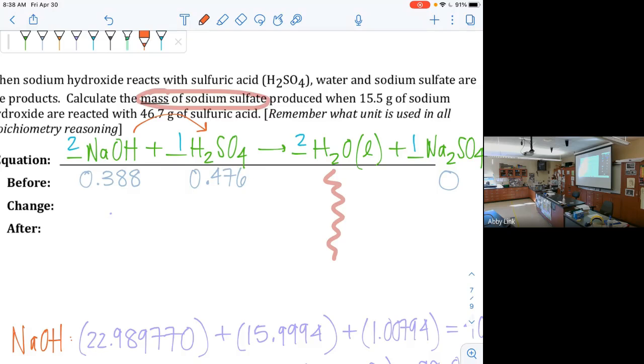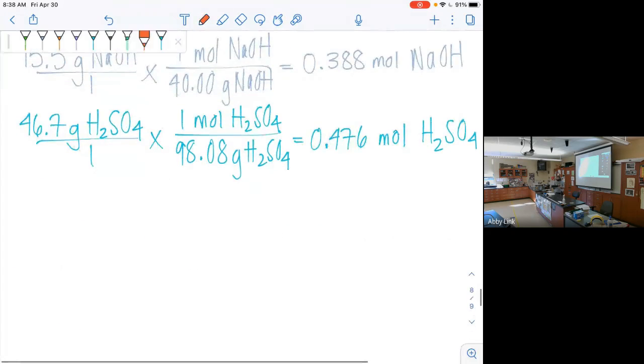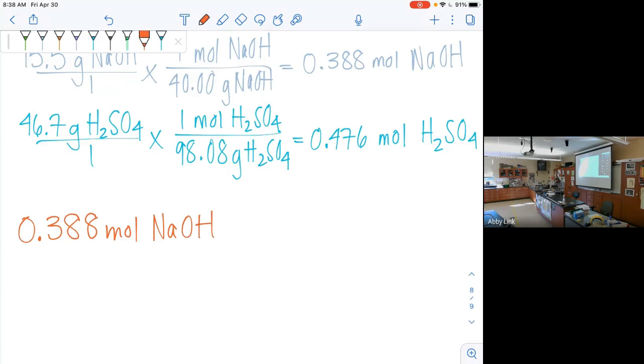Remember, our definition of limiting reactant is basically the thing that we're going to use all of, right? The grammar there is terrible. Please don't tell your English teachers. All right? Whatever we're going to use all of is our limiting reactant. So we're going to go from 0.388 moles of NaOH, and we're going to see how many moles of H2SO4 that would require.